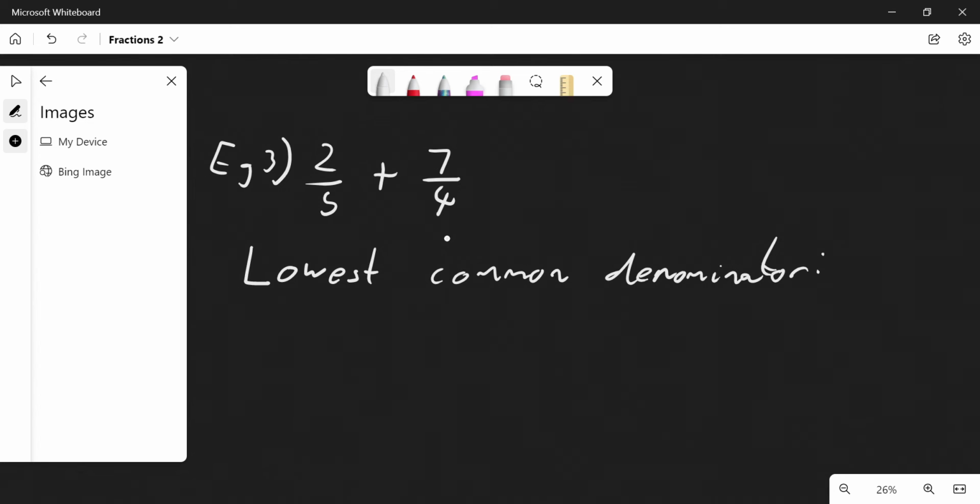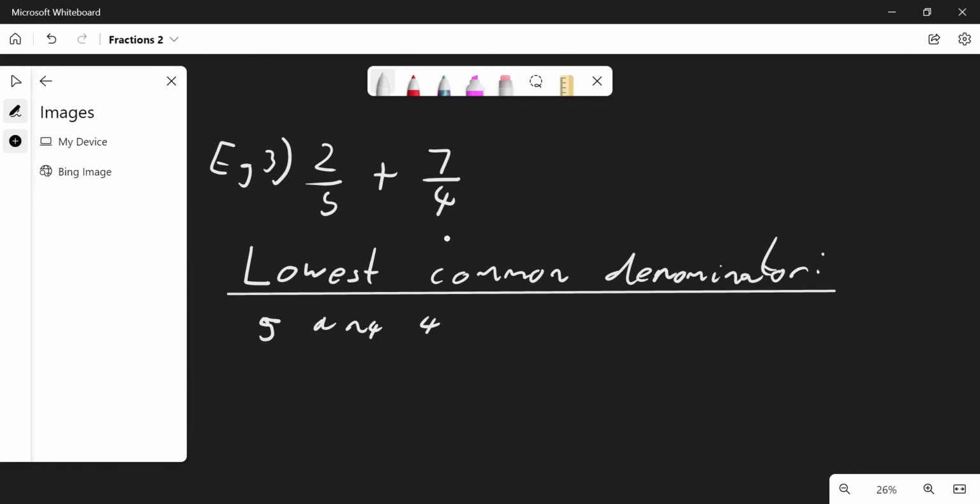And what this is essentially, you have to look at your denominators. Our denominators are 5 and 4. And you ask yourself, what is the lowest possible number that can be divided by 5 and be divided by 4?